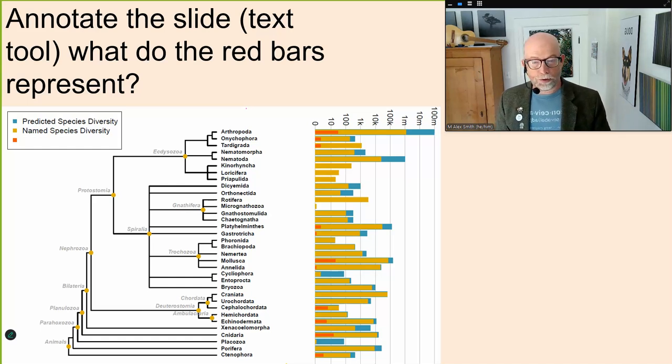Yep, the annotate tool right on the screen. That's where to write. You can write it in the chat too if you want, Kevin, but it can be here on the screen.